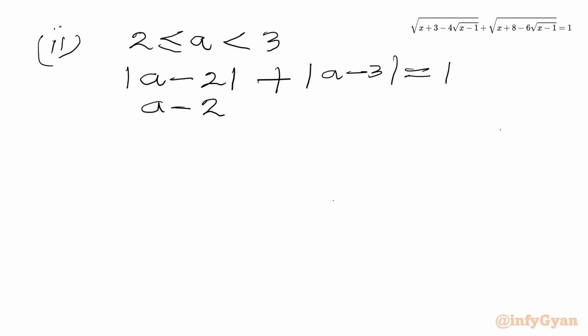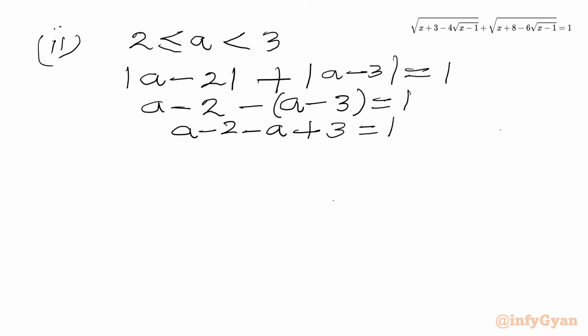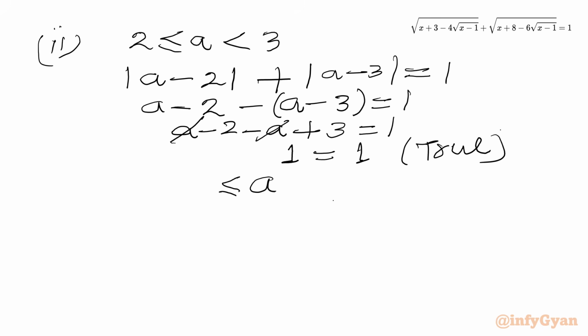And a is less than 3, so here we will write minus of a minus 3 equal to 1. Let's simplify: a minus 2 minus a plus 3 equal to 1. We will cancel plus a with minus a. 3 minus 2 is 1. LHS is 1, RHS is also 1, which is true, which is always true. So from this case we have a solution. It is basically the interval a greater than or equal to 2 and less than 3.